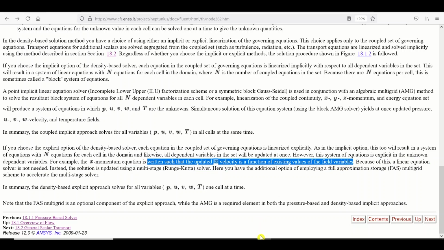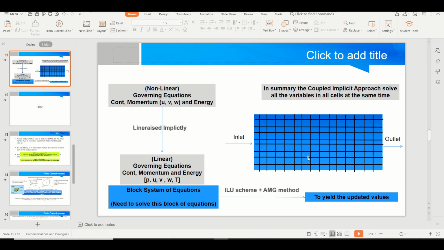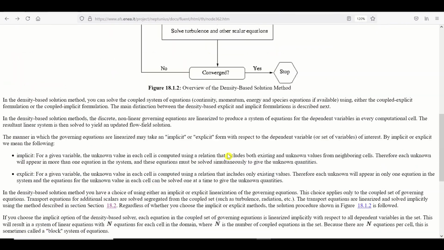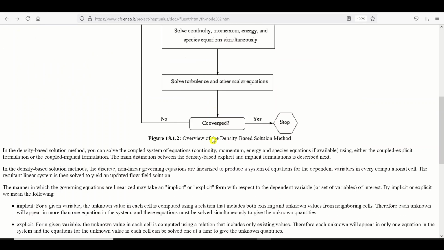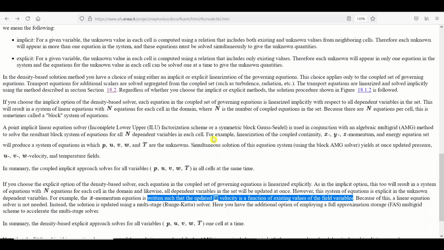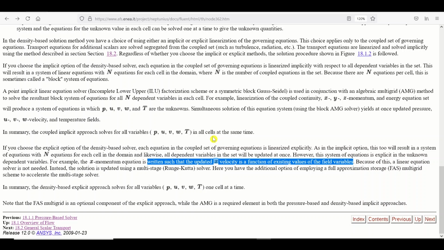So what's happening is, I mentioned to you, in the implicit way, we are considering the neighboring values and we are trying to find out the existing cell value. But in this case, we are not doing that. It is independent of the neighboring values. It is just considering itself. Okay, from the updated values what we have considered in the beginning, it is solving considering those values, and it is just solving the respected cell for the governing equations and getting a respected updated field value.